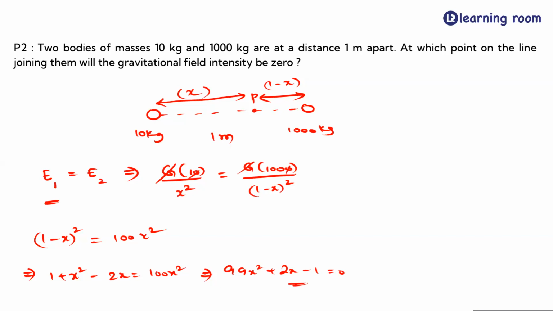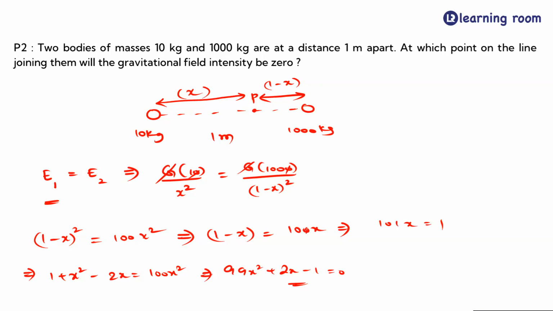Okay, so I'm not expecting you to solve. If you have understood the concept, that is enough for me. Okay, that is one way. Or what we can do is from here, if you take square root on both sides, 1 minus x is equal to 10x.